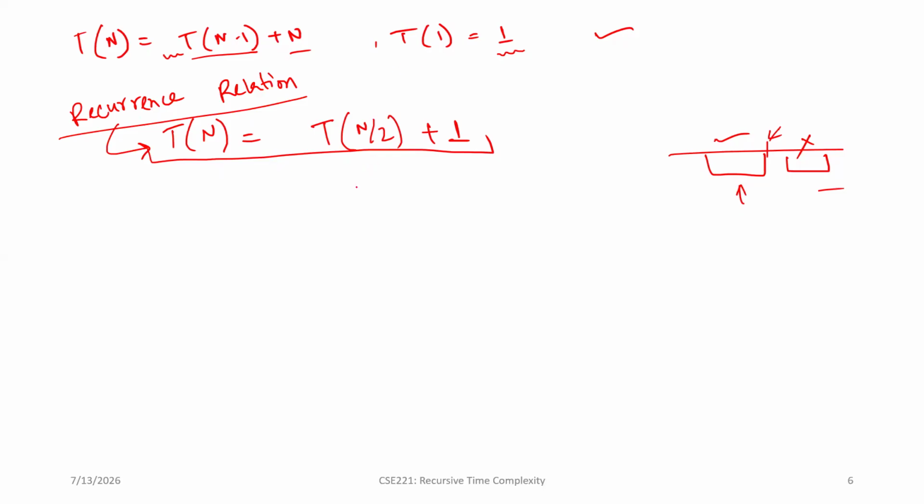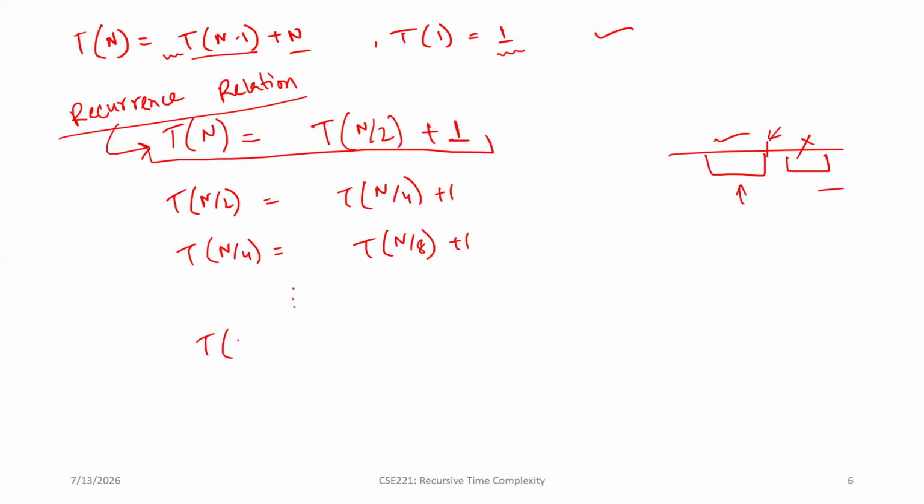All right, now let's solve it. I can go on and write T of n by 2 equals to T of n by 4 plus 1. T of n by 4 equals to T of n by 8 plus 1. And then so on, bringing it down to 1.